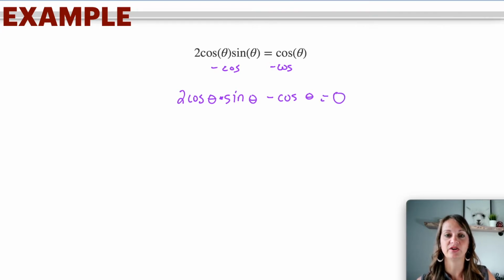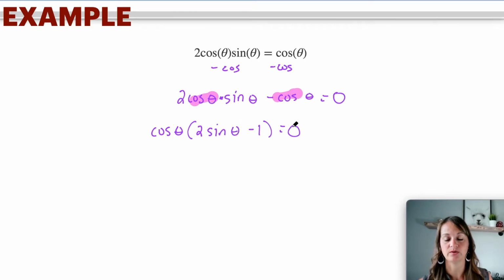And then from here, you'll notice you have a cosine in both terms, so you can factor out a cosine. When you do that, you'll get cosine theta times 2 sine theta minus 1 equals 0. And because it's equal to 0, you can set each factor equal to 0: cosine of theta equals 0, and 2 sine theta minus 1 equals 0.